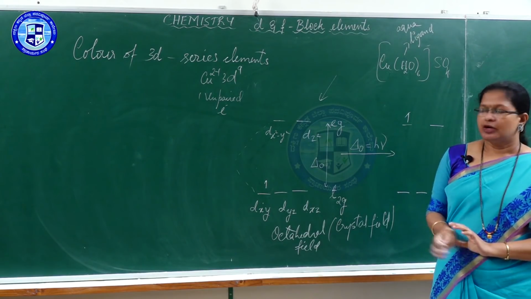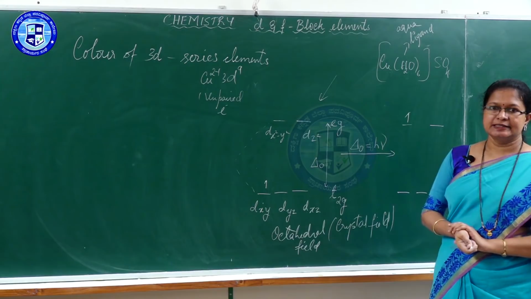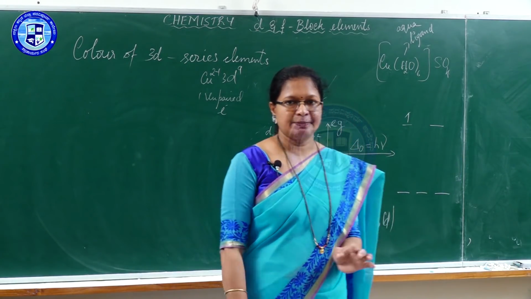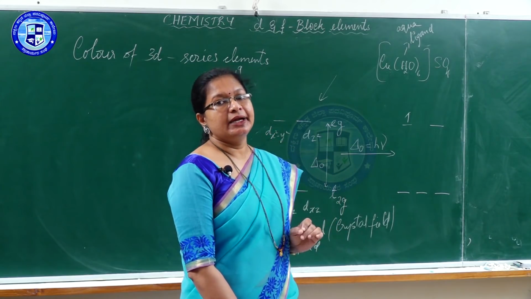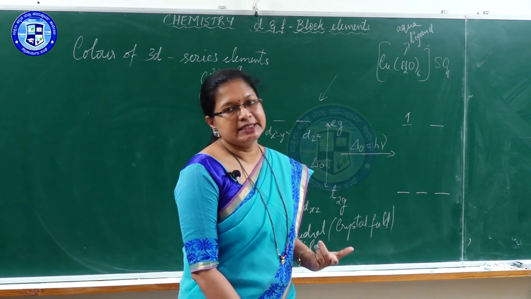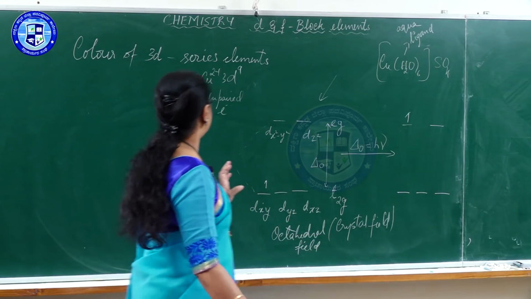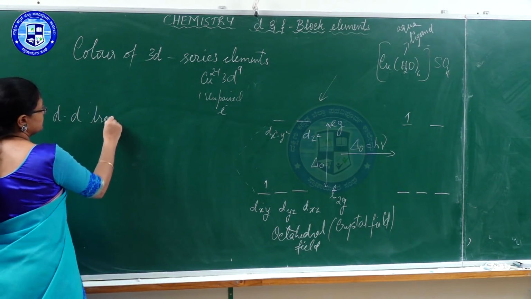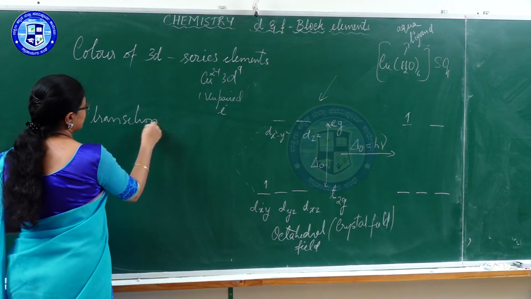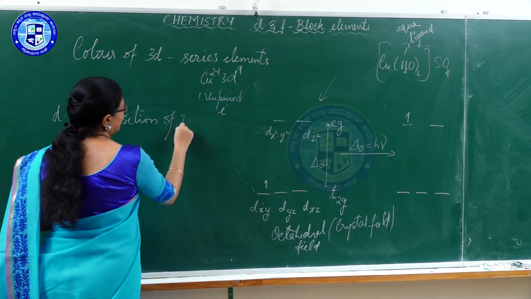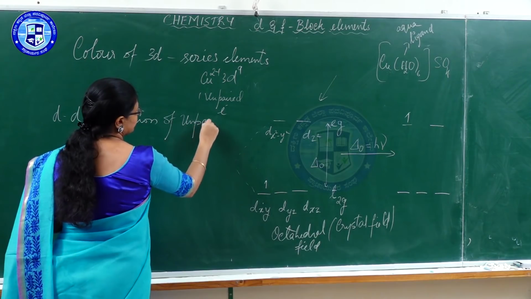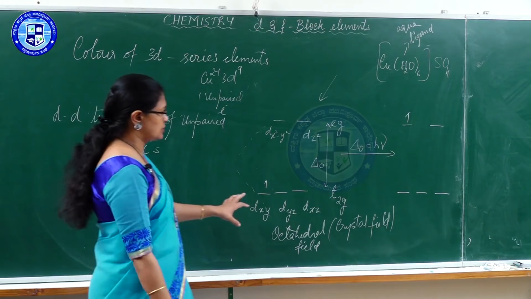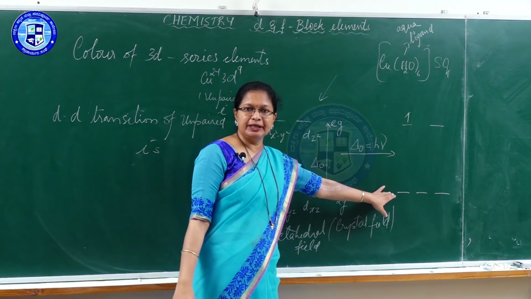Is it clear? Now from all this, I have explained the first statement in the beginning, the color of the d block elements, why these elements or the solutions of these elements exhibit color. The reason is d-d transition of unpaired electrons. Now what is d-d transition? Are these one set of d orbitals?